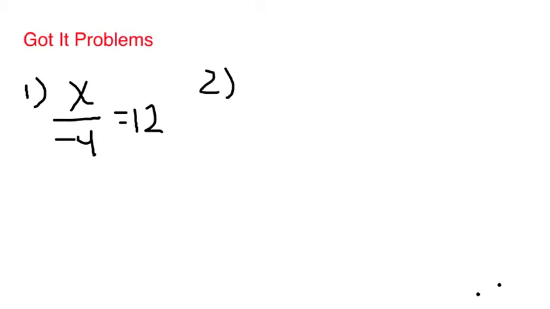All right, here are your 3 got it problems. The first problem, x over -4 equals 12. Your second problem, x over 2 equals -22. And then the third problem, be careful, this is the tricky one.